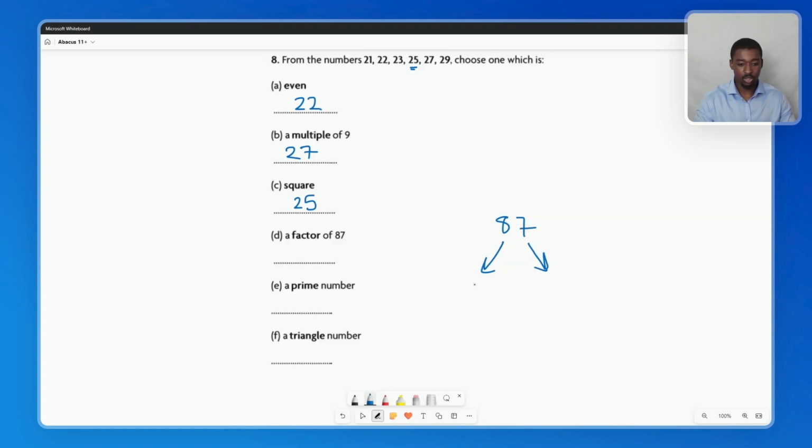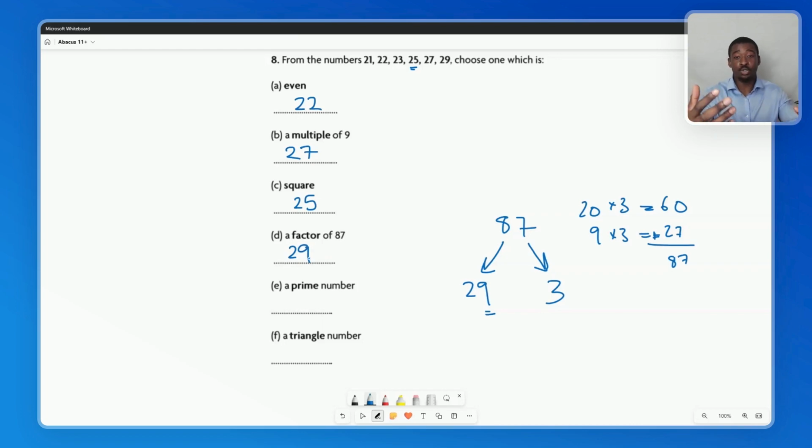Well, it could actually be 29 and 3, because 20 times 3 is 60, and 9 times 3 is 27. And 60 plus 27 is 87. So here we know that 29 is a factor of 87 because 29 goes into 87 3 times.